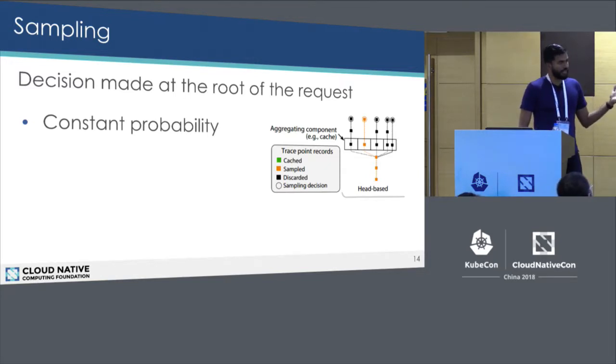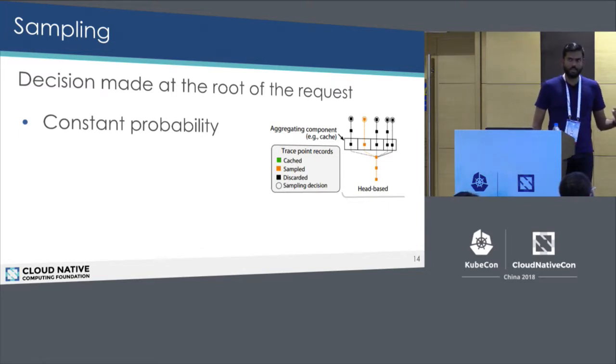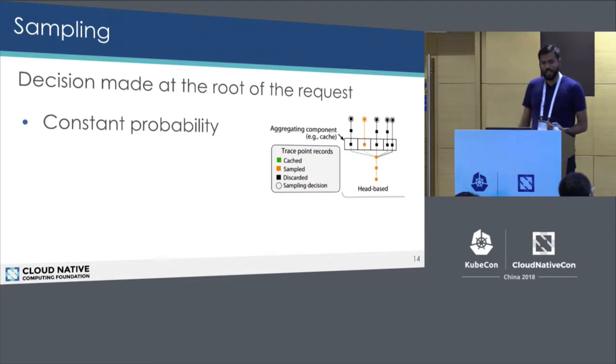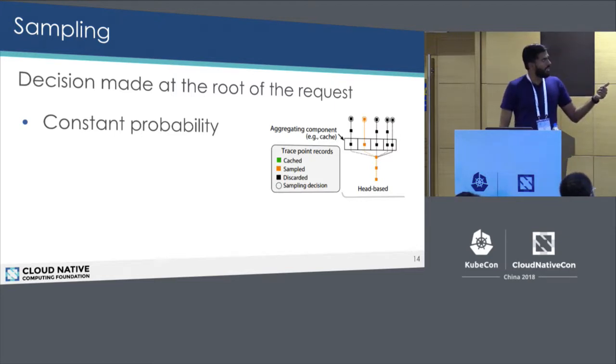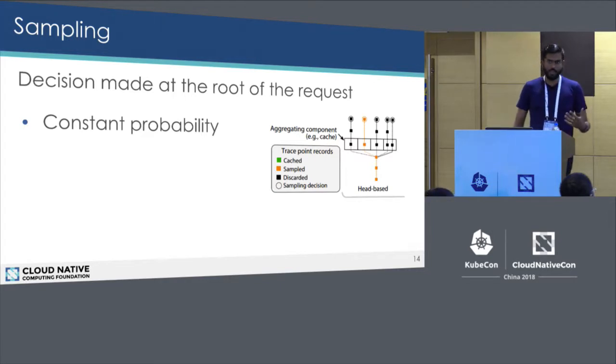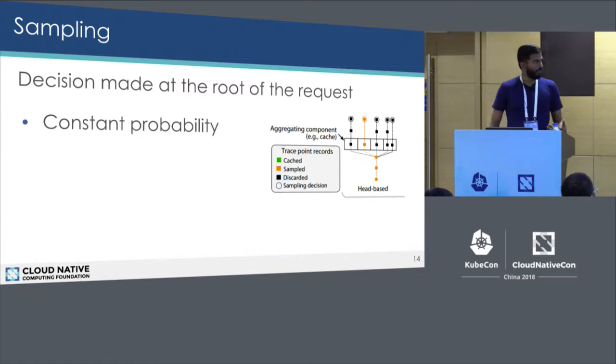Whenever the request comes to your application, a sampling decision is made, and this sampling decision is propagated throughout your application. So this is made at the head, and so far it's been made as a constant probability. You might say sample 1 in every 10,000 requests.